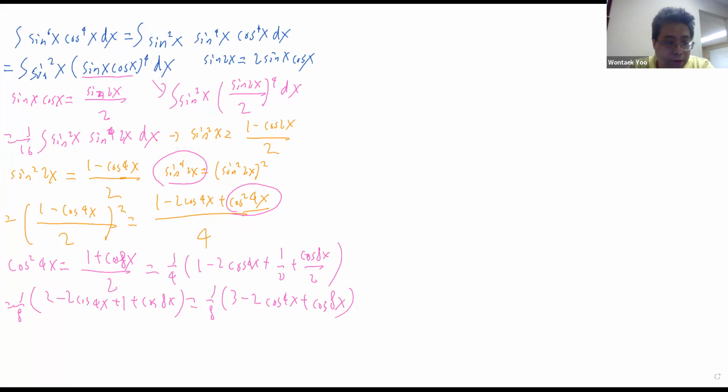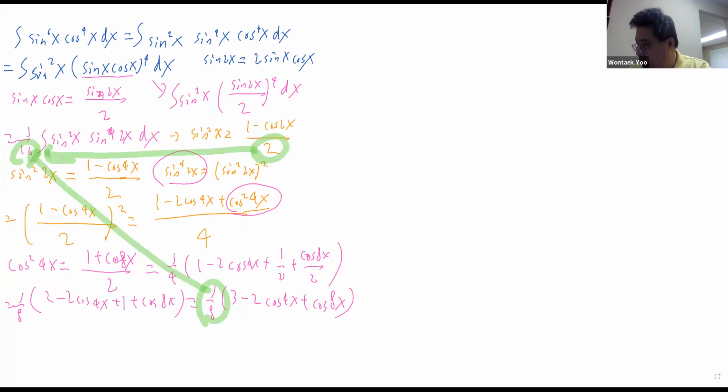Let us combine all these things that we have. We have to first remember that we have a 1/8 that needs to be merged with this. And not only that, we have 1/2 that needs to be merged with this. So 2 times 8 is 16, and 16 times 16 is 256.